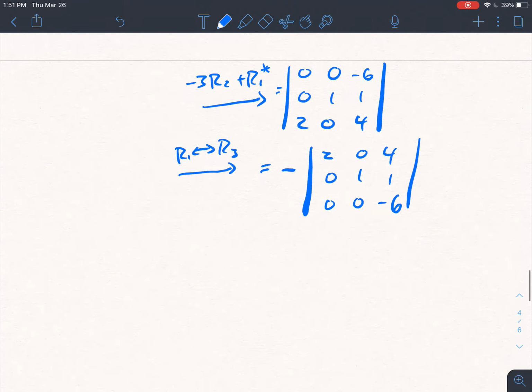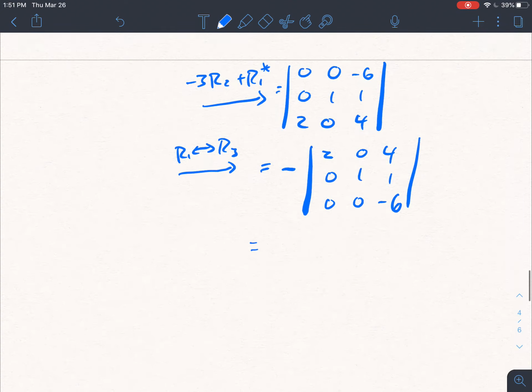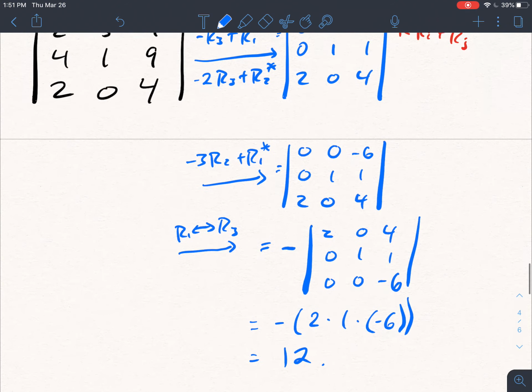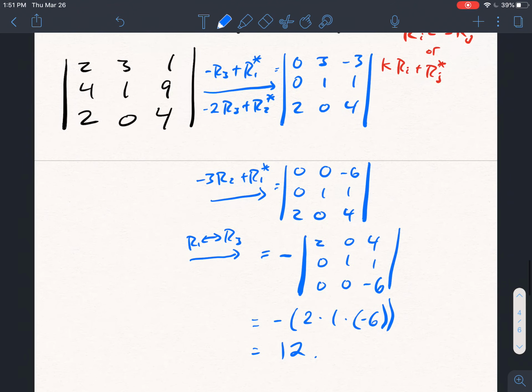And this is an echelon form matrix, so its determinant is the product of its diagonal entries, which would be 2 times 1 times negative 6. And of course I'm taking the negative of that, therefore this determinant is equal to 12. So the determinant of the matrix that we started with, this guy right here, is in fact equal to 12.